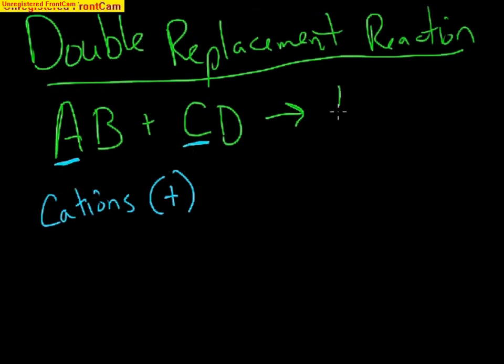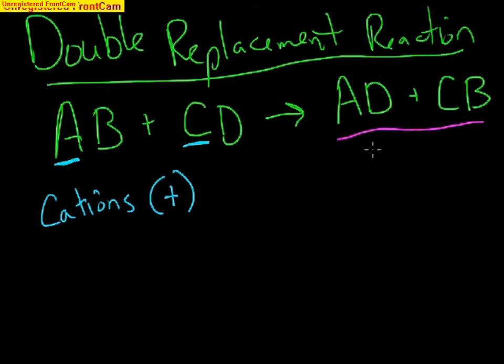So we have our A, which is the cation, is now going to be with the D, leaving behind the C with the B. One thing to remember here is that when you do this, you always need to make sure the cation is first. So in this case here, that's my positive charge, and this is my positive charge.